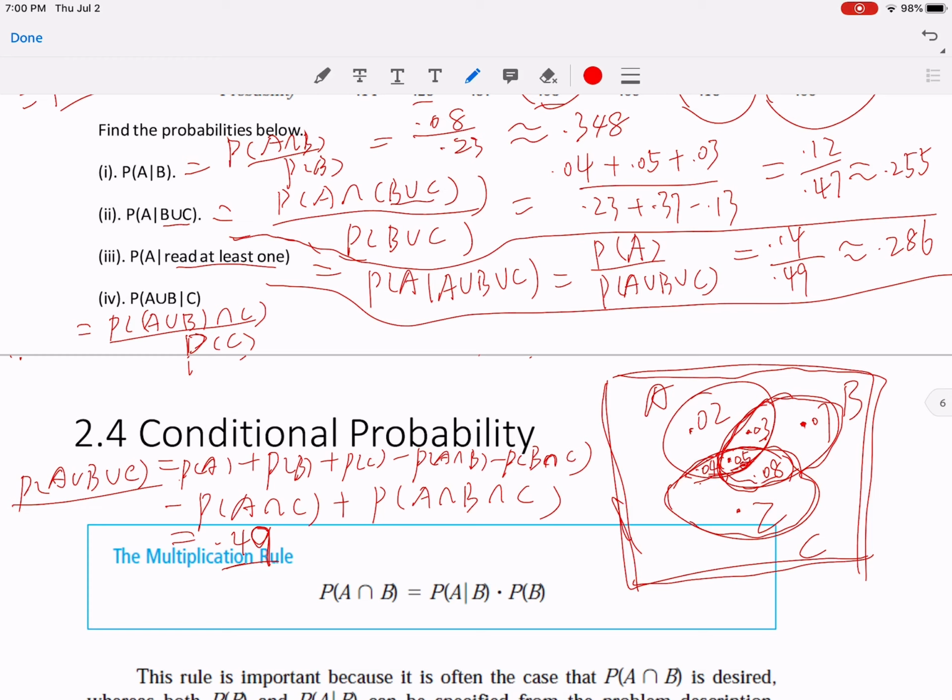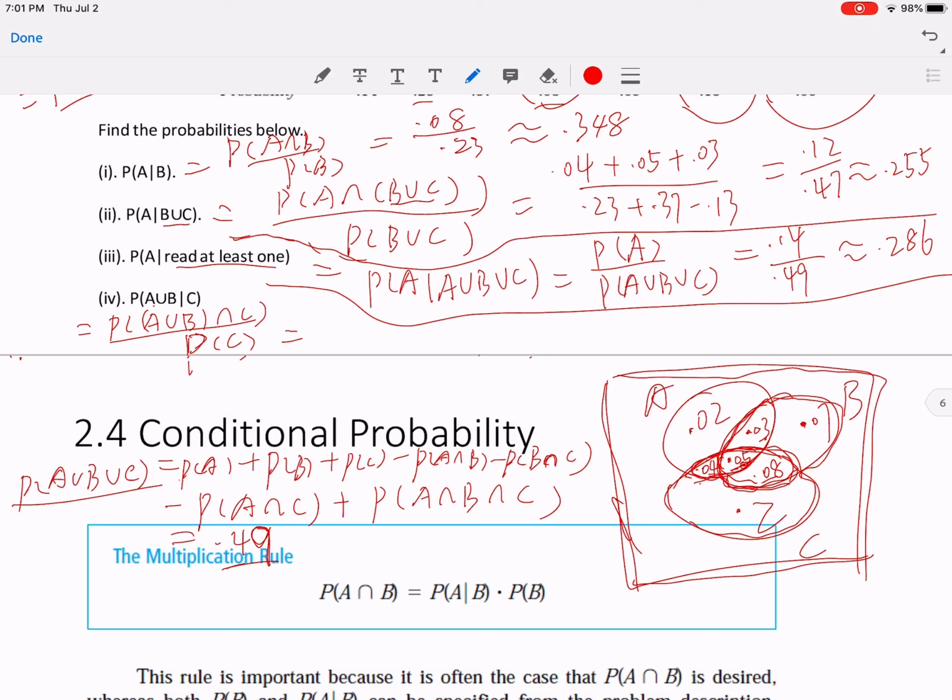And in this case, we consider A union B as a whole thing. So once we apply the formula, that would be the probability of A union B intersection C divided by the probability of C. So what is the probability of A union B intersection C? That would be this part over here.